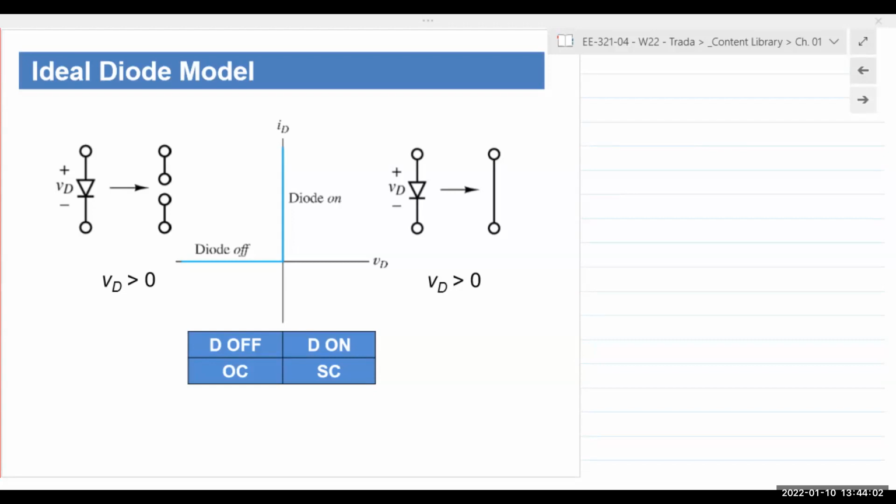Okay. So when the diode is off, it's an open circuit. When the diode is on, it's replaced with a short circuit. When it's a short circuit, VD should be equal to 0. Where's my pen?